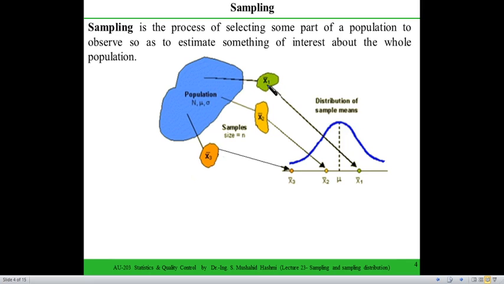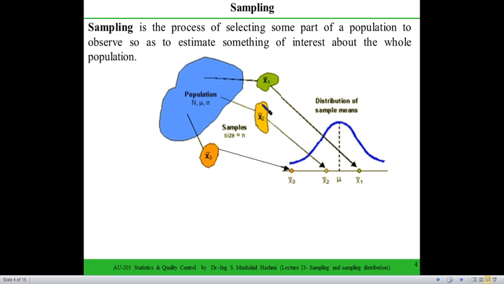So you can think of the population as comprised of 1,000 objects of a batch, and out of that a sample of size 10 is selected. So 10 objects are taken from those 1,000 objects, and we calculate the average. Similarly, another 10 objects are taken from the same population, which would contribute to another sample.